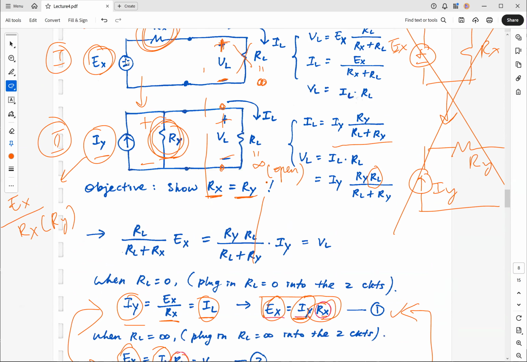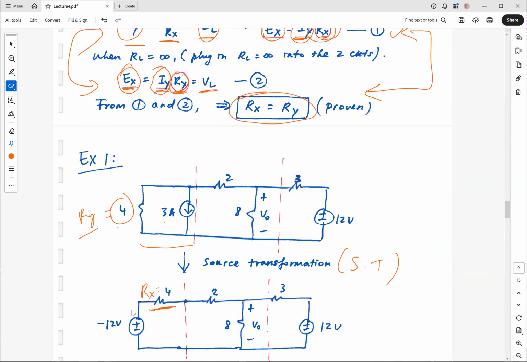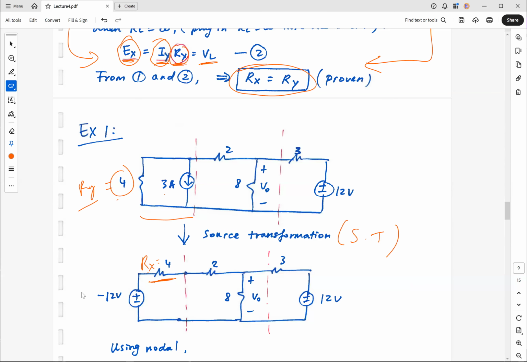So now I will get minus on the top and plus on the bottom. In other words, I can draw it this way if I want to: minus on the top and plus on the bottom, and then I can put 12 volt like this.